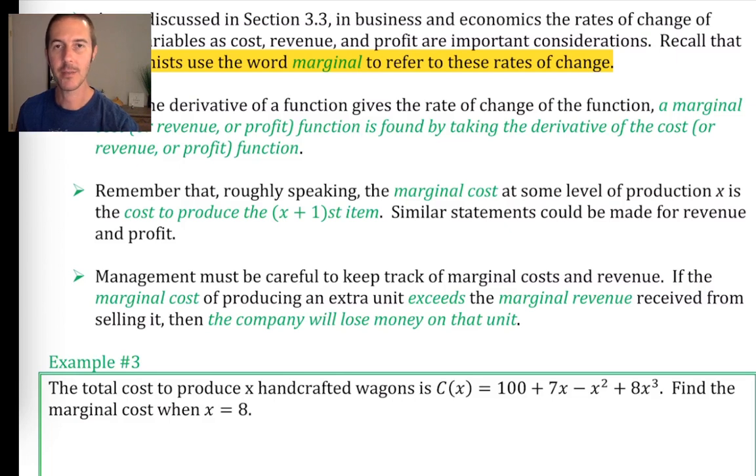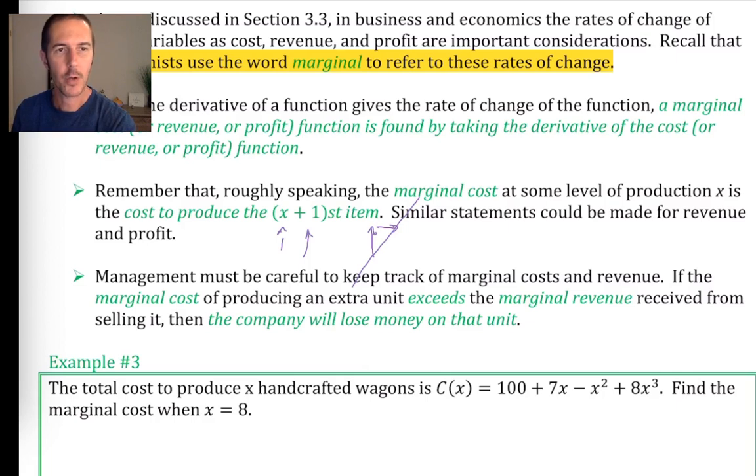And that actually makes a lot of sense if we think of it in terms of slope, because in order to get to that X plus first item, you would have to rise or fall some amount and then run 1. And the running of 1 in the calculation of slope is moving from your X term to your X plus first term. That plus 1 is the run of 1 in the X direction. So that actually makes sense, which is nice when that happens.